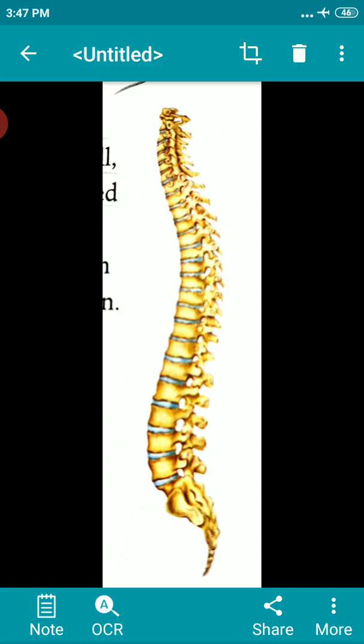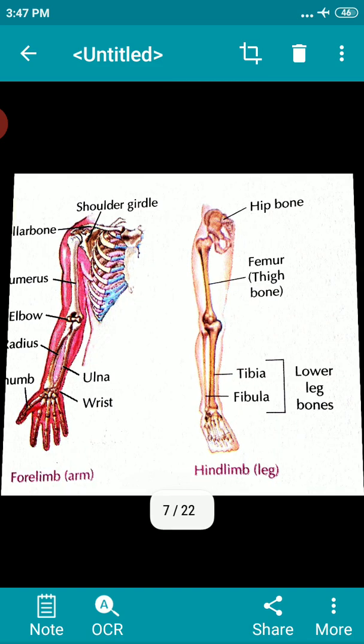So what are the functions of the backbone? It serves as the pillar of support. That means it gives support and maintains the upright posture. It protects the spinal cord also. Now the next one is limbs, the hands and legs.